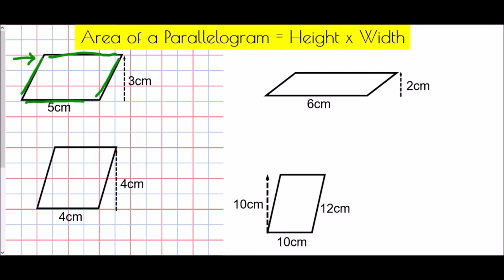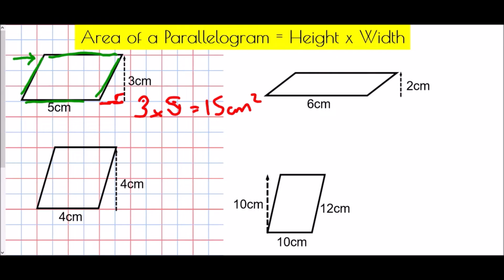The only thing we need to be careful of here is that when we talk about the height, we are dealing with the height which is perpendicular to the base, so at a right angle to the base. For our first parallelogram, we've got a height of 3, and we multiply it by the width, which is 5, and we get 15 centimetres squared.